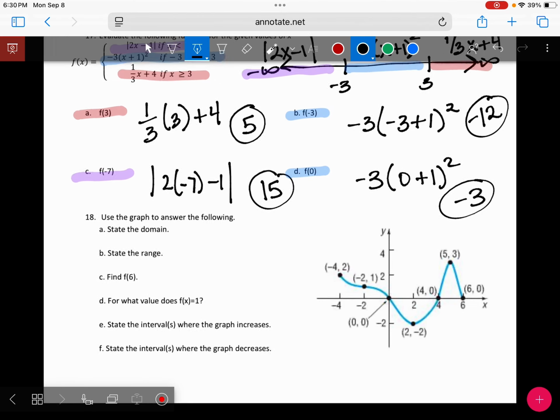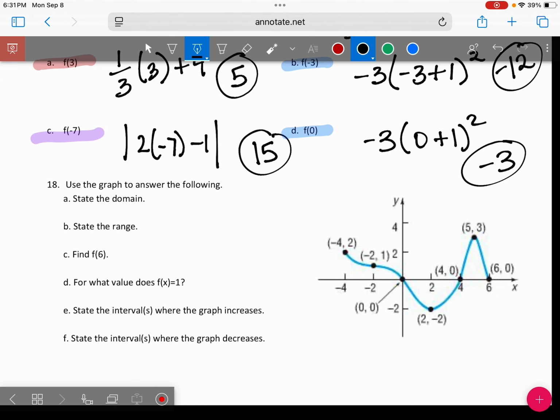Last thing is question 18. We made it to the end. So remember, domain, we read the graph from left to right. Okay, so left to right, I'm going from here to here. So my domain is -4 to 6.